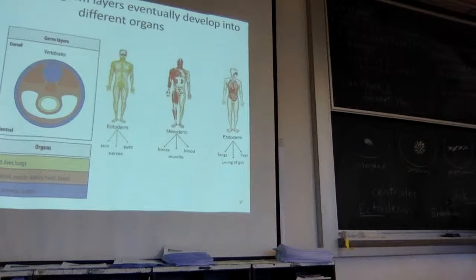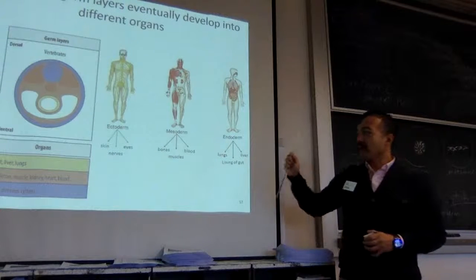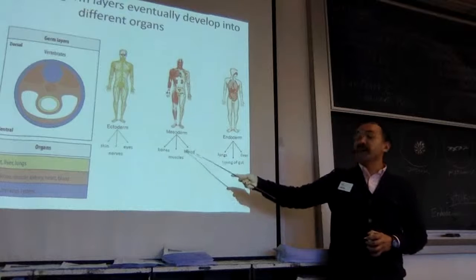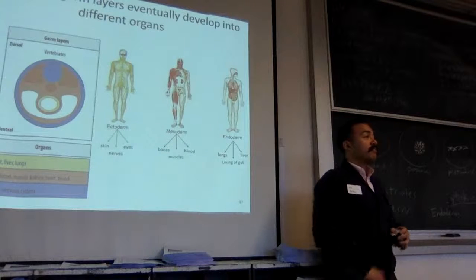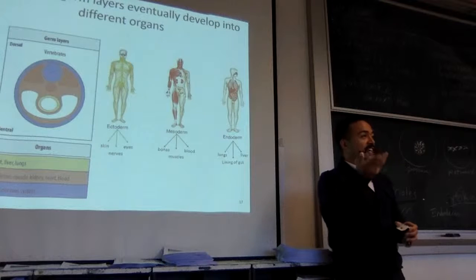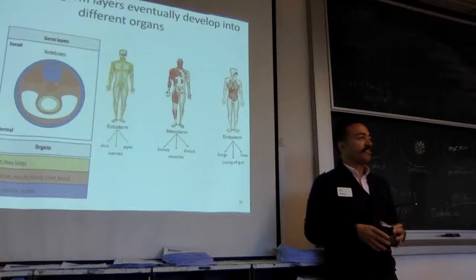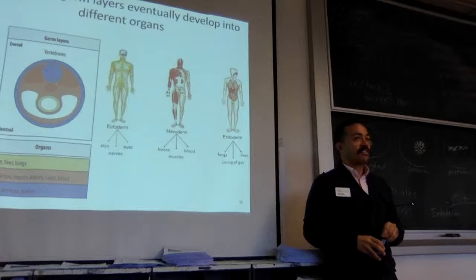So the mesoderm, that will differentiate into a lot of different things. Muscles, blood, bones, pretty much everything else. Everything that's in between the skin and your lining minus your nervous system. Everything else.